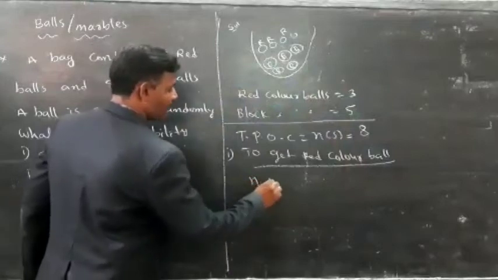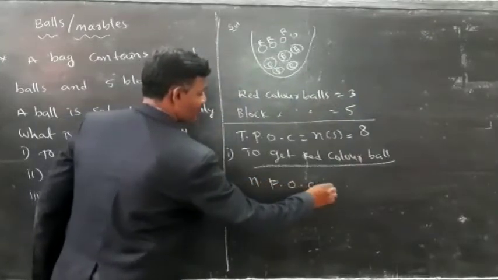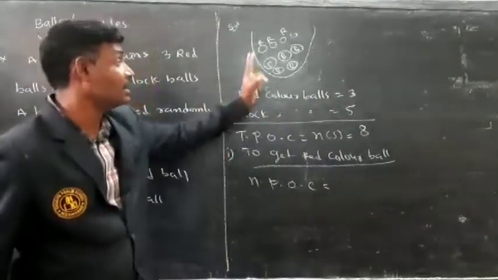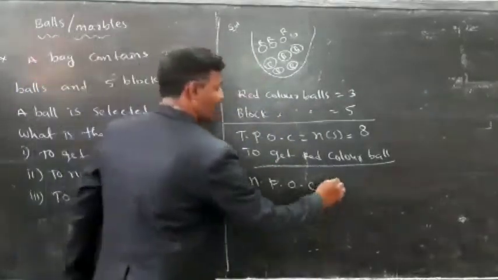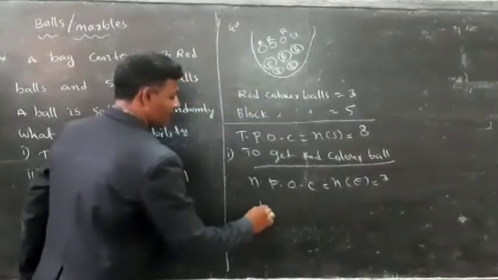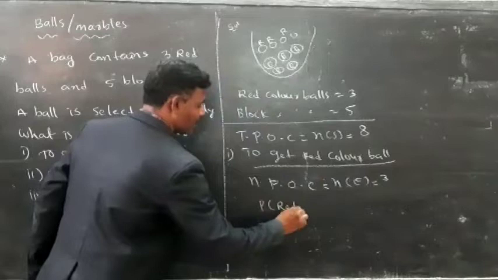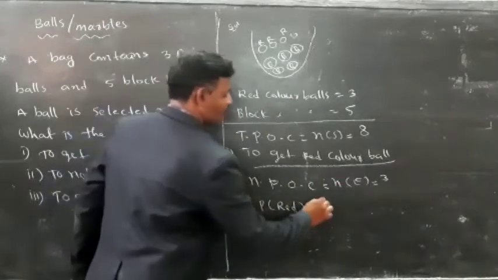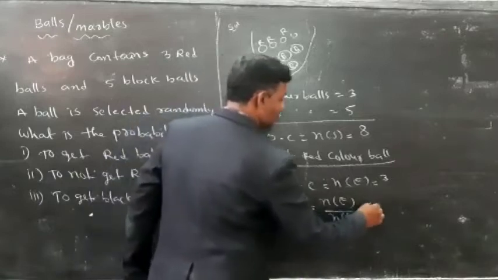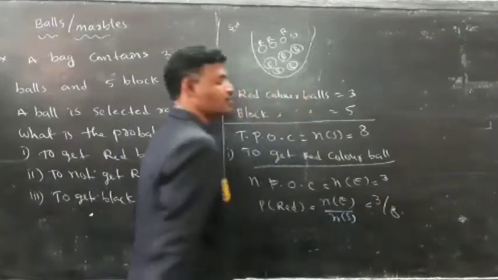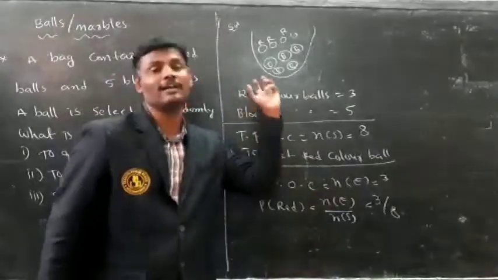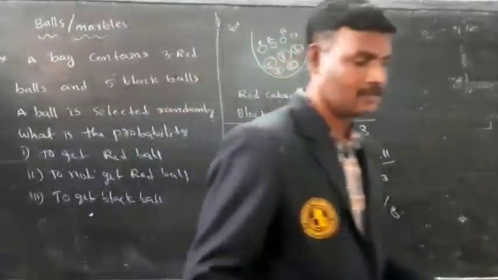In that bag, how many red color balls are there? 3 red color balls. So N of E is equal to 3. Then the probability of a red color ball is, what is the formula? N of E by N of S is equal to 3 by 8. So out of the 8 balls, there are 3 chances to get a red color ball.